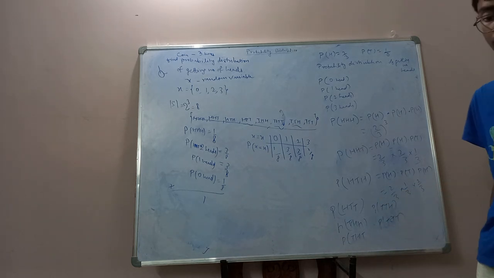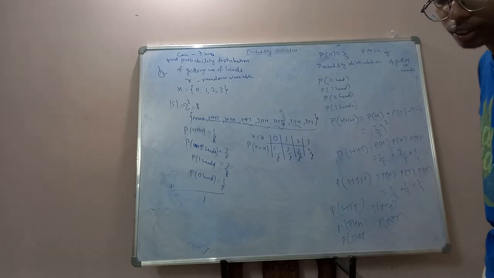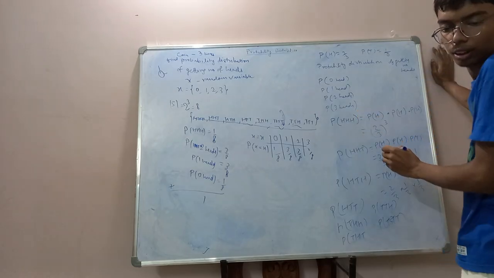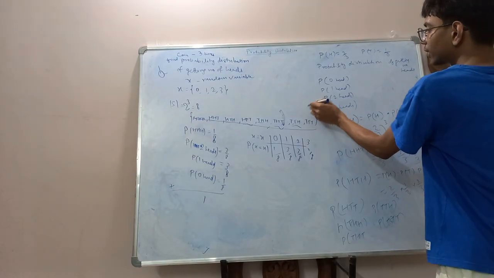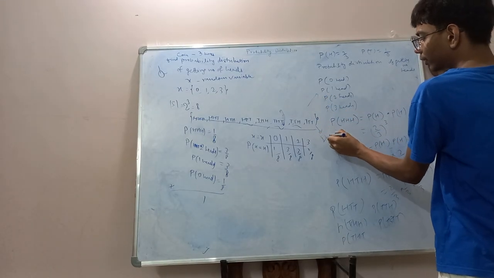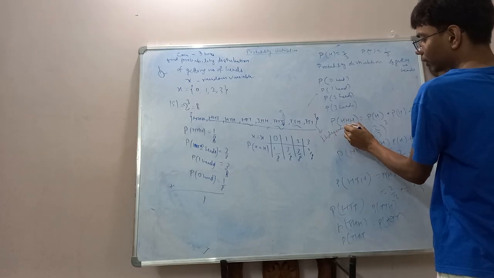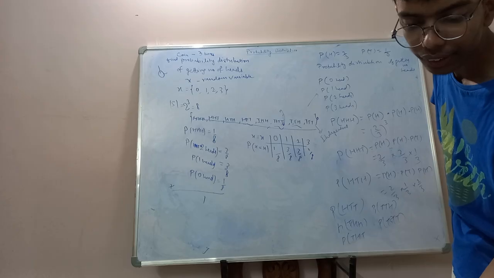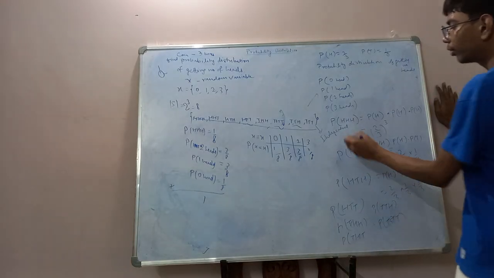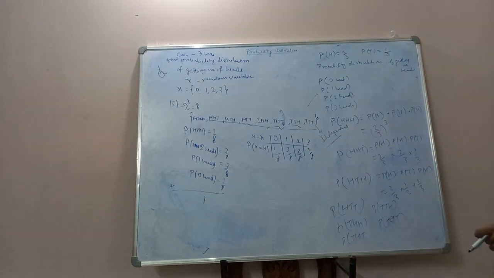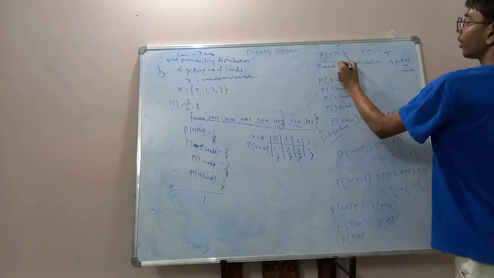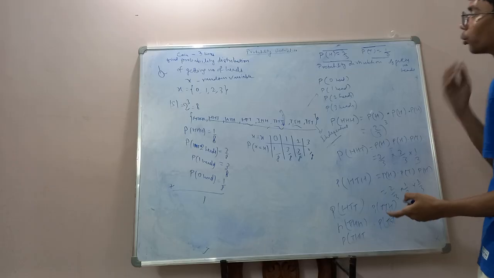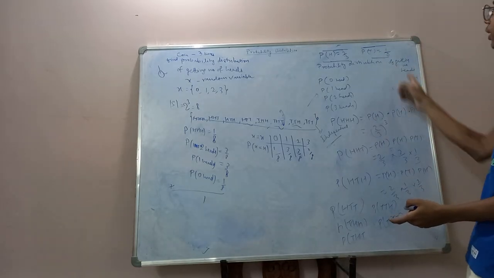So why is this happening? Because all these events in this question are independent. Here the coin is weighted, the coin is biased, so it has more probability of giving a head rather than a tail.